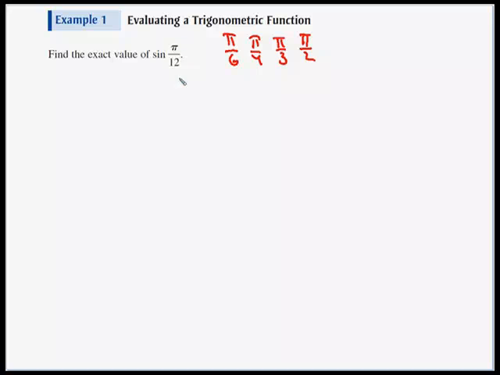How can we get a 1/12 by adding or subtracting two of the fractions that we do already have on the unit circle? Well, a 1/12 is the same thing as a 1/3 minus a 1/4. So 1/12 pi is the same thing as a 1/3 pi minus a 1/4 pi.